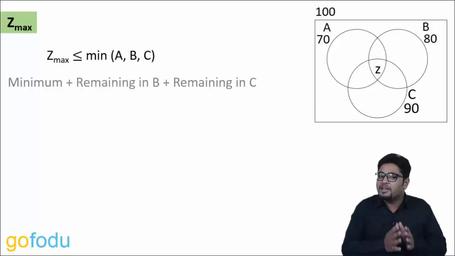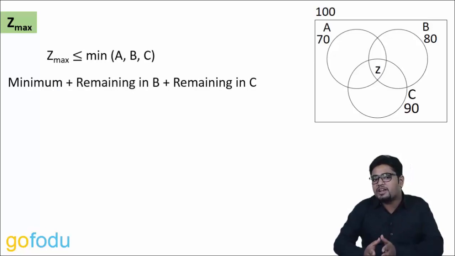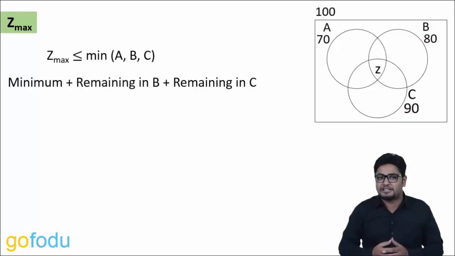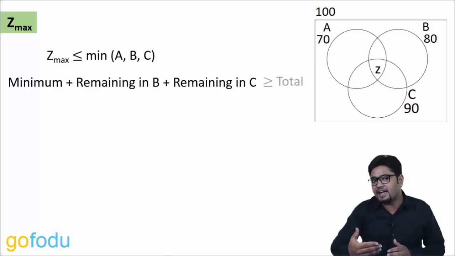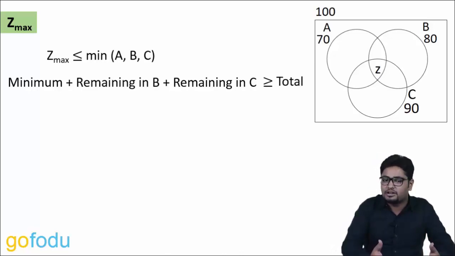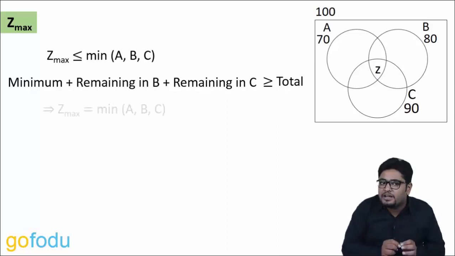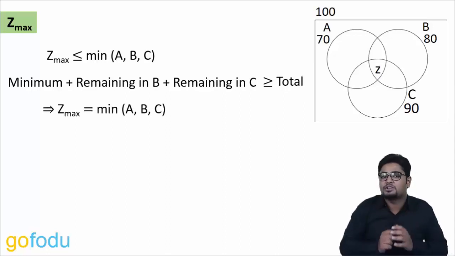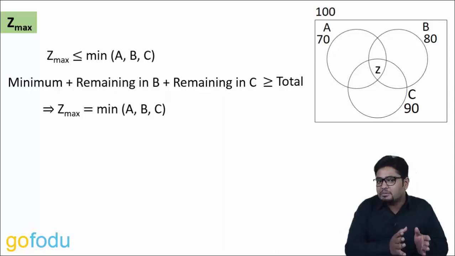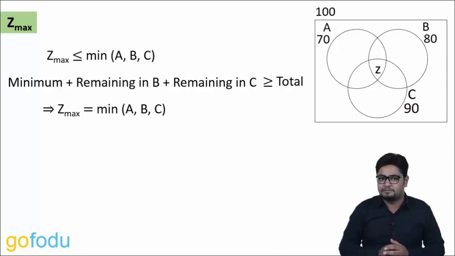That is the minimum value plus the remaining values for the other two sets. Now, if this addition is greater than or equal to the total, or say the universal set, then Z maximum will be equal to the minimum of the three sets, that is the minimum of A, B or C.